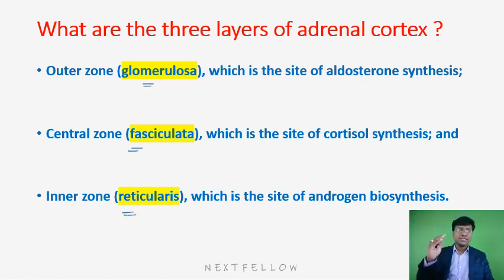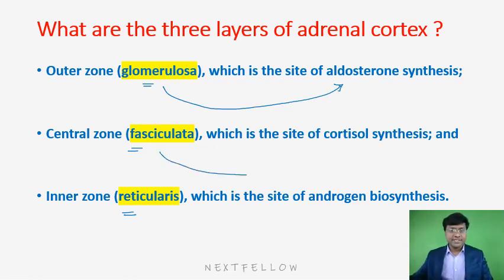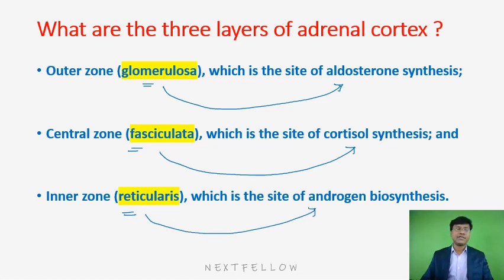The zona glomerulosa is the site where there is synthesis of aldosterone. Zona fasciculata is the site where there is synthesis of cortisol or steroids. And zona reticularis is the site where there is synthesis of the weak sex hormones. So these are the three layers and their respective hormones from the adrenal cortex.